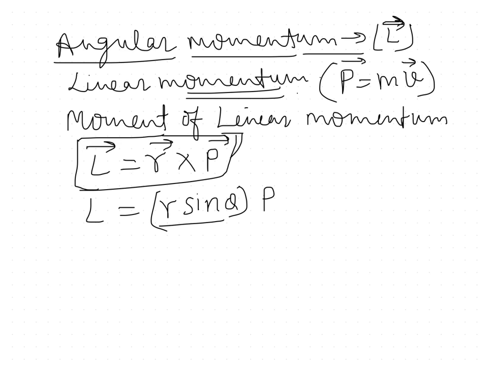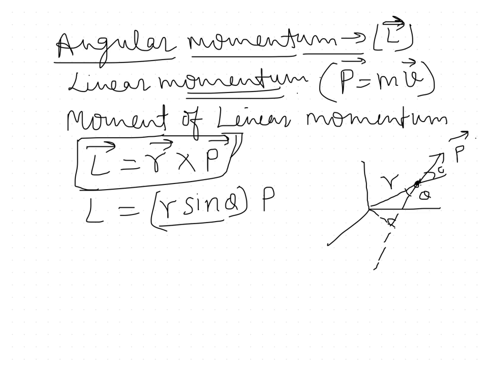The same is the situation here, which we have taken already: this is our particle, the linear momentum of this particle is in the direction of force, and this is the axis of rotation. Then we extend this line of linear momentum and draw a perpendicular here, and this angle is theta.